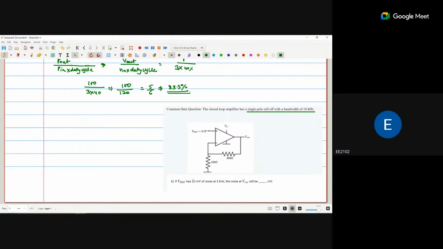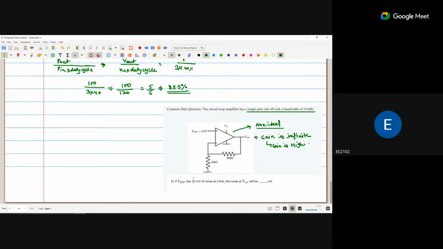That basically shows that you have a pole with a bandwidth of 10 kilohertz. That means this op-amp is a non-ideal op-amp. Why? For the ideal op-amp, we assume the gain is infinite, but practically the gain is high. How do we differentiate ideal and non-ideal?